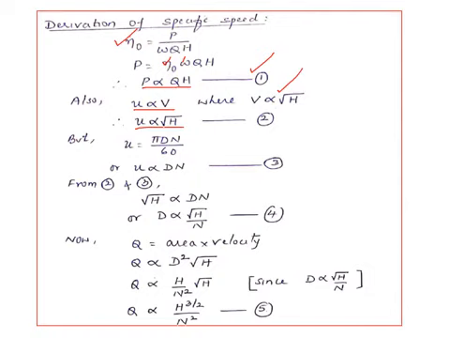Now you also have U equal to pi DN by 60. Since pi and 60 are constants, U is proportional to DN. Since U is proportional to root H, root H is proportional to DN. Therefore we get an expression for D: D is proportional to root H by N.